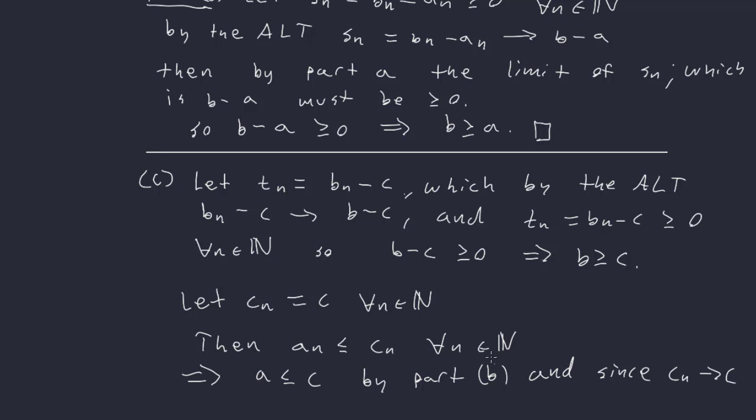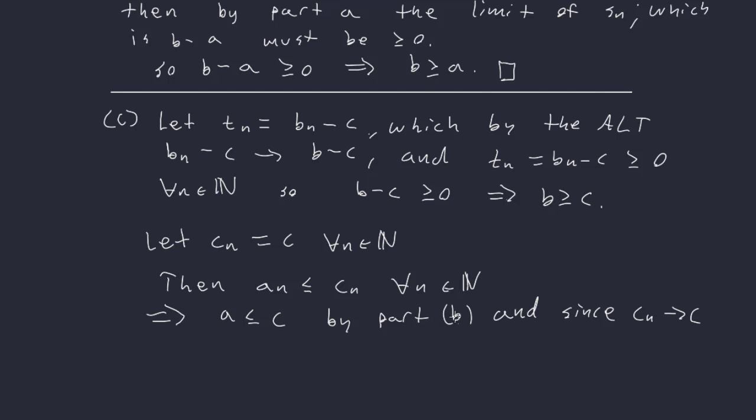Just C over and over again has to converge to C. So this is another way you could do it, is by using part B instead of part A. So this would be by part A. Okay, either way, you're just using the previous parts.